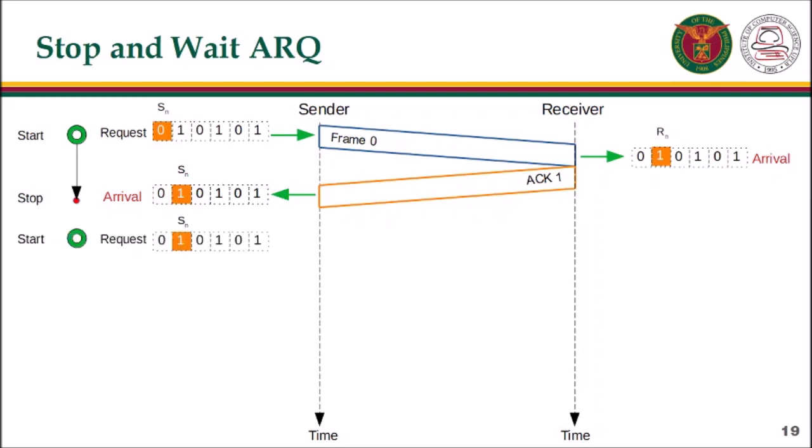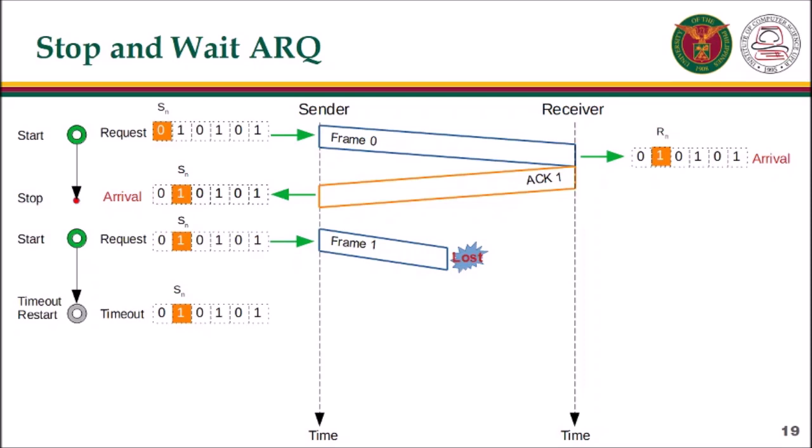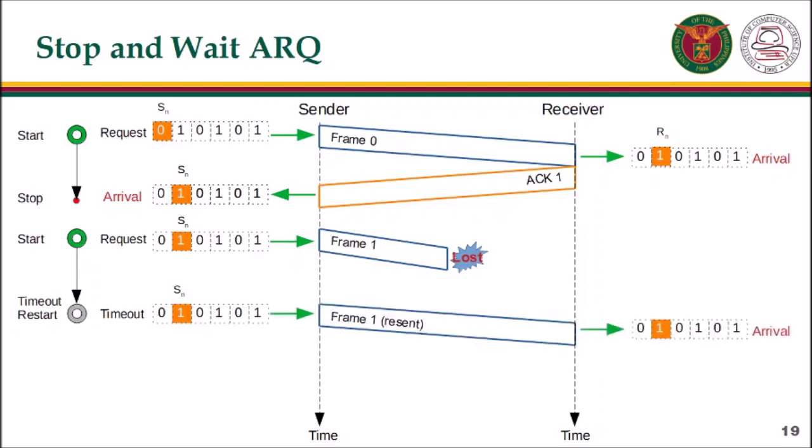The next frame, the sequence number will be 1. However, this frame got lost. After some time, the timer will expire. Since the sender did not receive any acknowledgement, the sender will resend the frame. The receiver will receive the frame, then send an acknowledgement number of 0.